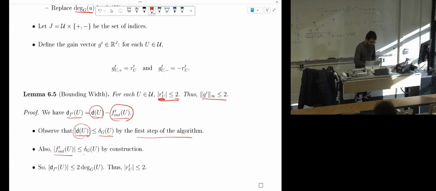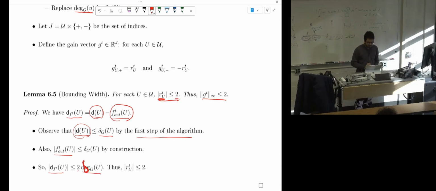This one is also at most the cut size of U because we flow out of U by at most the capacity of each edge. So the flow out of U is at most the capacity of all edges crossing U. So you get this. So now it means that this thing is almost twice the cut size of U. So this is almost 2.